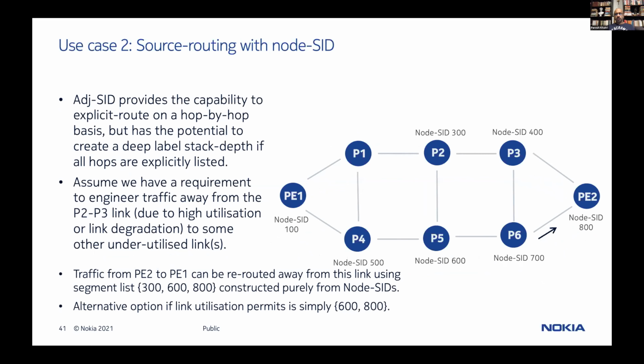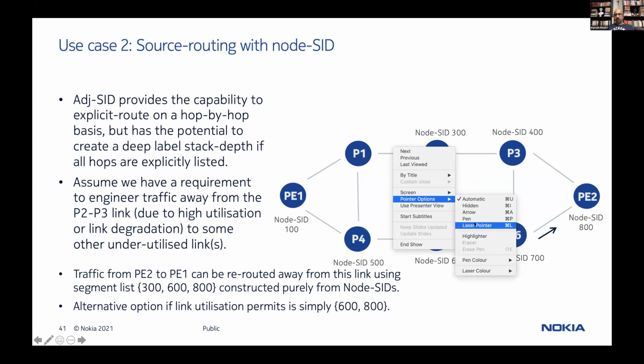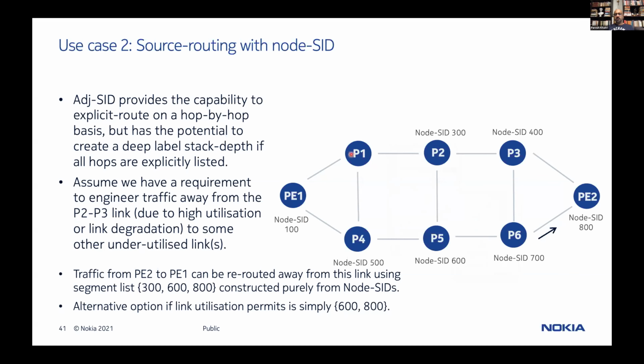Okay, now we do source routing with node SIDs. I spoke about how we can do traffic engineering using either node SIDs or adjacency SIDs or both of them. So one way of doing this is, if you wanted to specify a path between P1 and P2, you could specify explicitly every single link that it's going to go through. So you could say it's got to go P1 to P4 to P5 to P2 to P3 to P6 and P2.